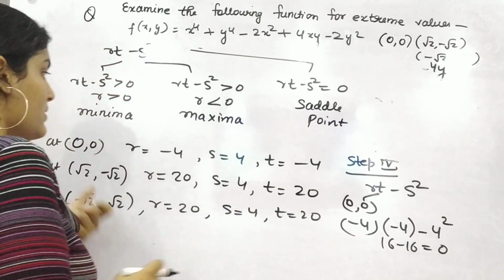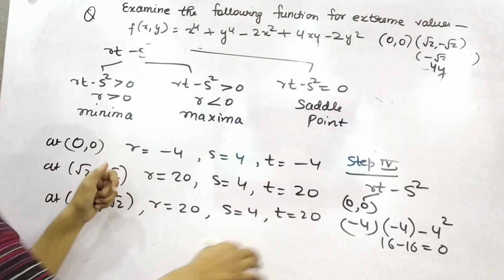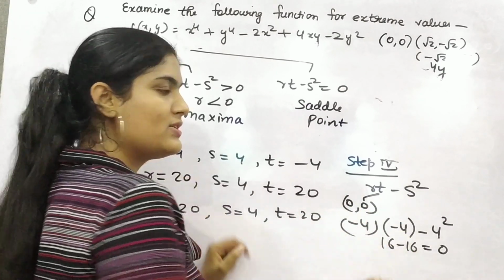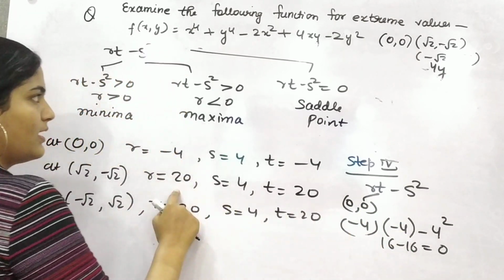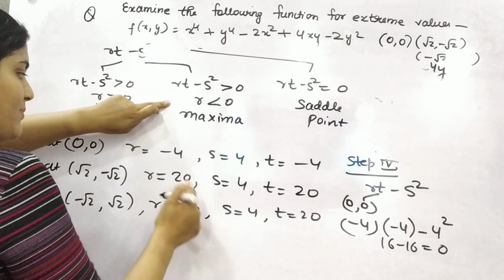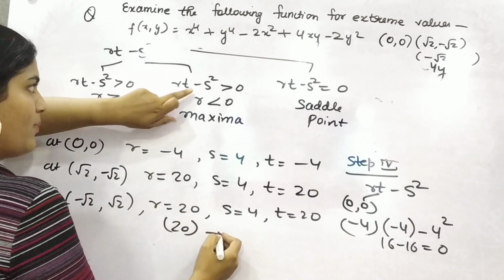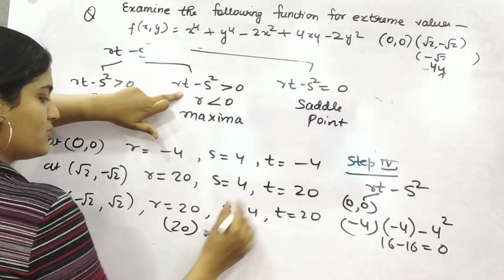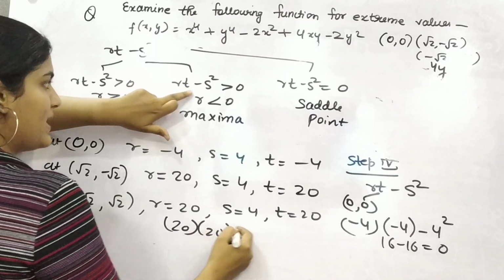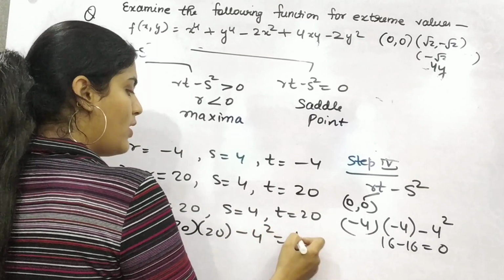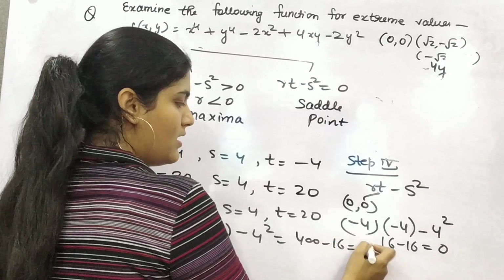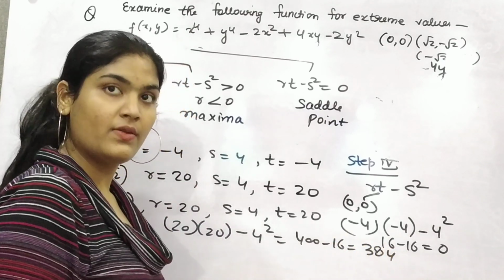Now, you can see your RT minus S square is 0, so this is a saddle point. For this, you can find out your RT minus S square: 20 into T, which is also 20, minus S square, which is 4 square. So 400 minus 16, which is 384, right?